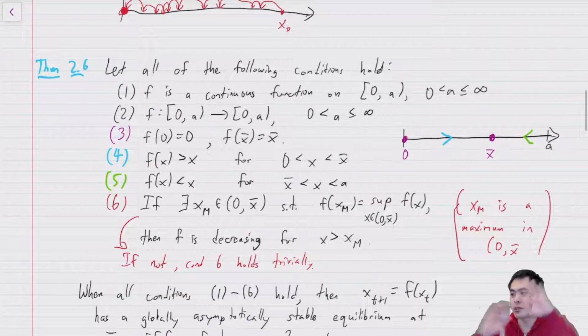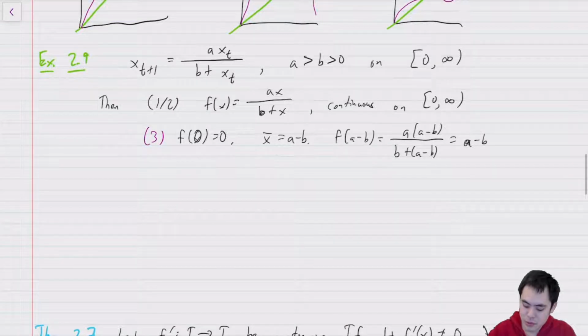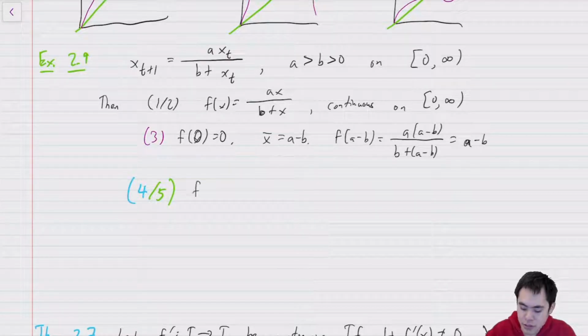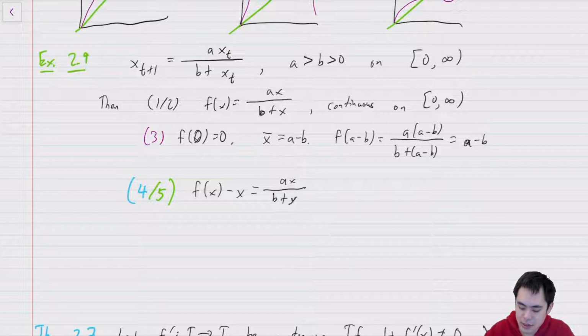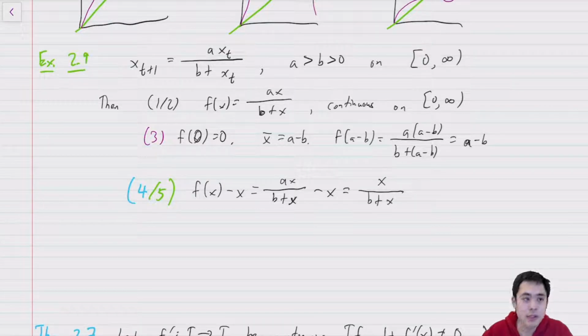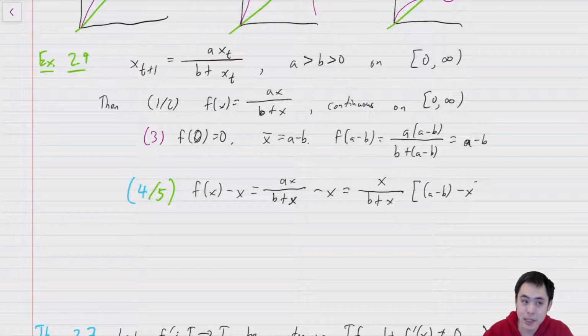Okay, and we had another couple of conditions. We had the greater than and less than conditions. So these are conditions 4 and 5. Note that instead of saying f of x is greater than or less than x, I'm just going to say f of x minus x, and I'm going to see if it's greater than or less than 0, since that's equivalent, of course. So this is equal to ax over b plus x minus x, which, if you do a little bit of work, is equal to x over b plus x times (a minus b minus x).